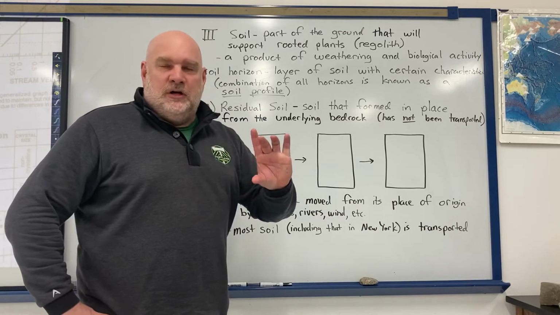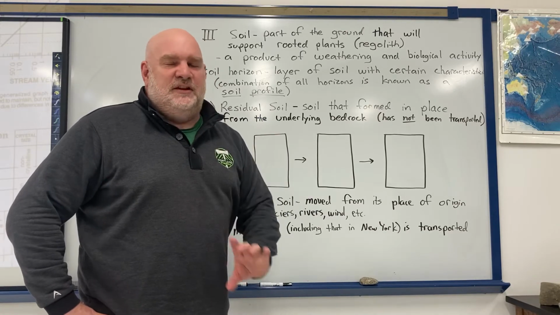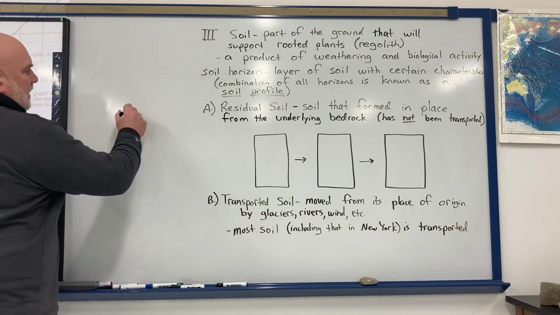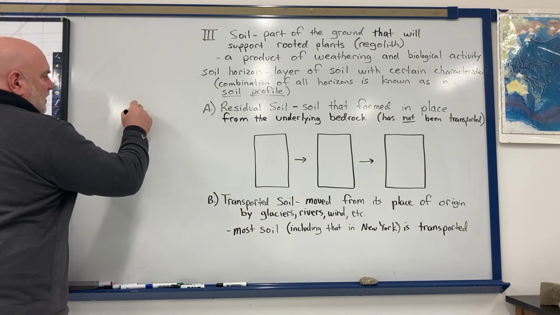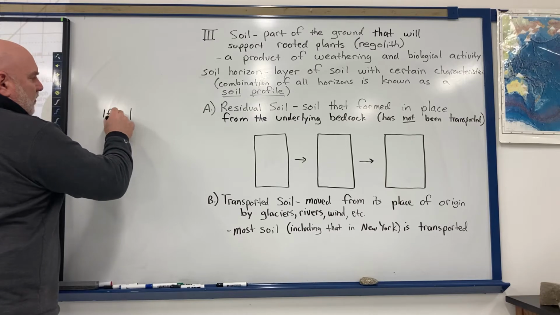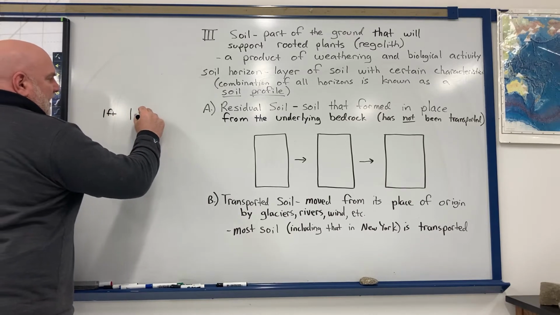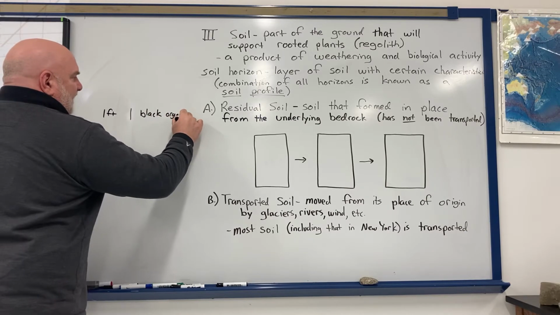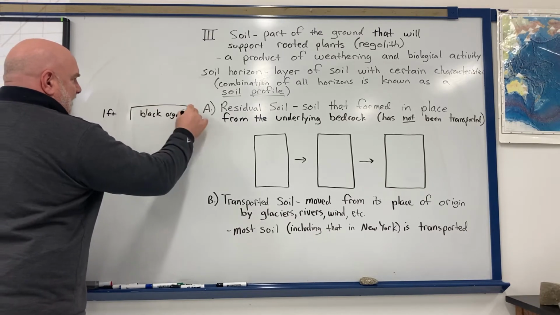The soil near the surface is going to be different than the soil farther down. For the first foot or so, I might have a black organic soil where it's mostly dead plants and stuff like that.